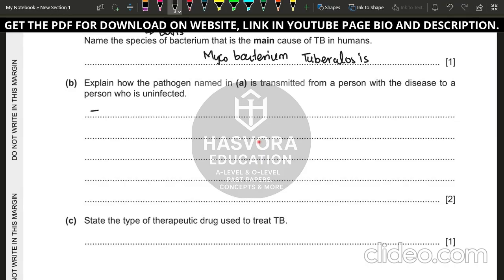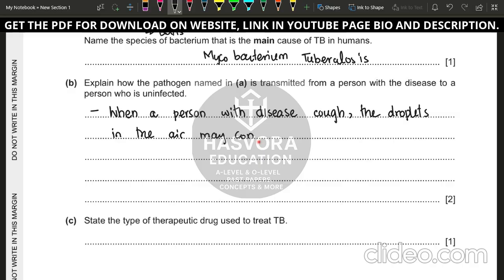So the first one is when a person with the disease coughs, the droplets in the air may contain the pathogen and can be transmitted.